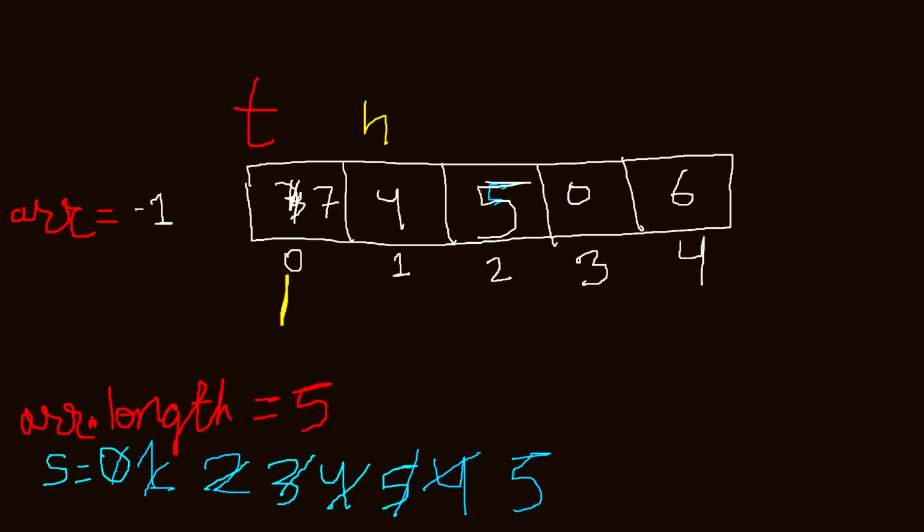When we dequeue, head will go over here. Now the length will go from 5 to 4. Now again we'll dequeue, so head will go from here to here, and the size will decrease by 1, and the older head pointer will be removed.